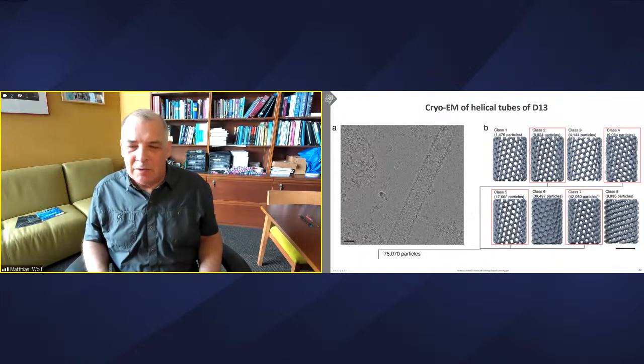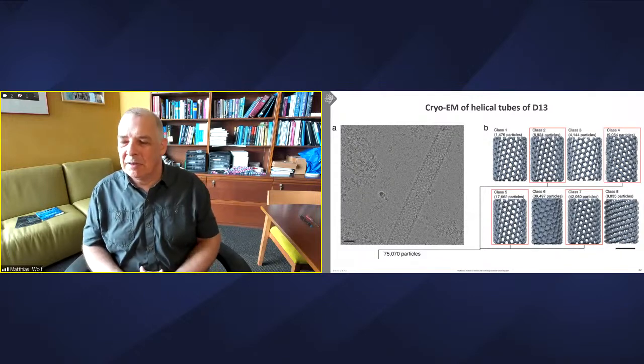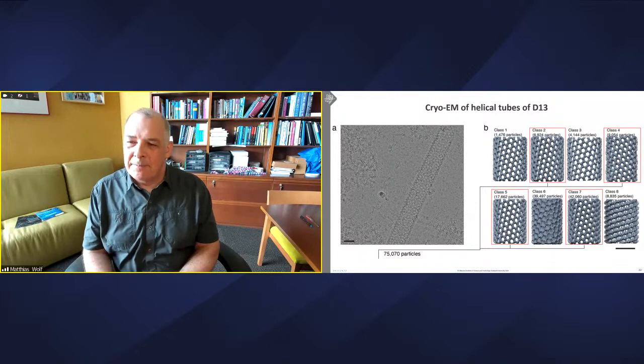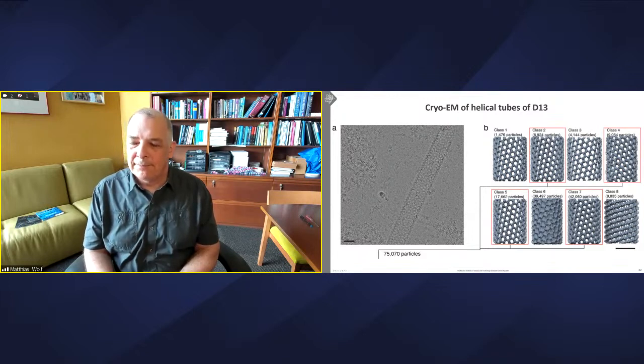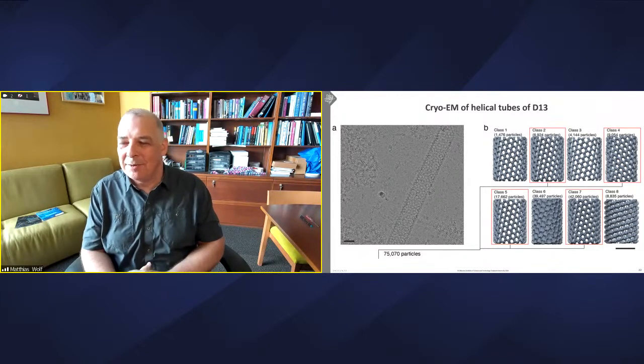But I suppose if we had enough of them, we could reconstruct by subtomogram averaging to higher resolution. So very good questions, and I think it's absolutely possible. I'm not sure if that answers the question.